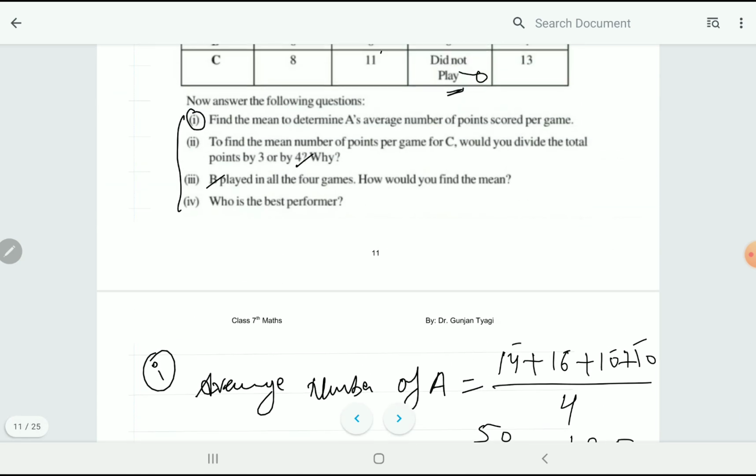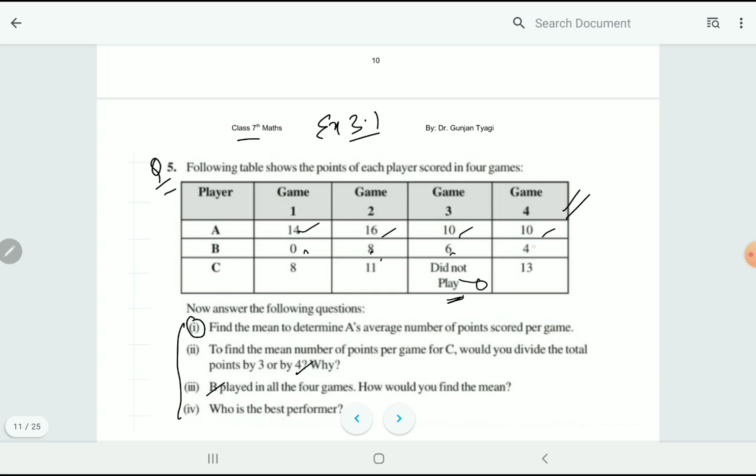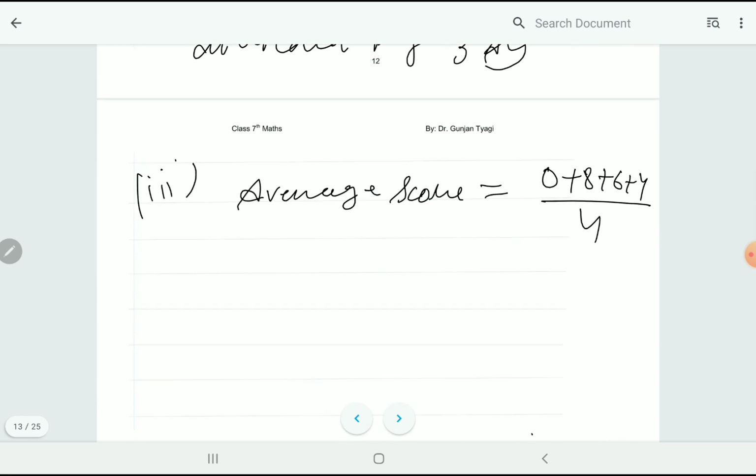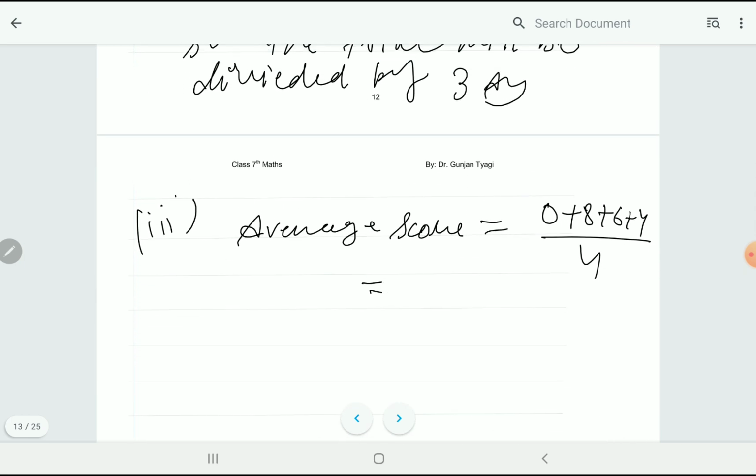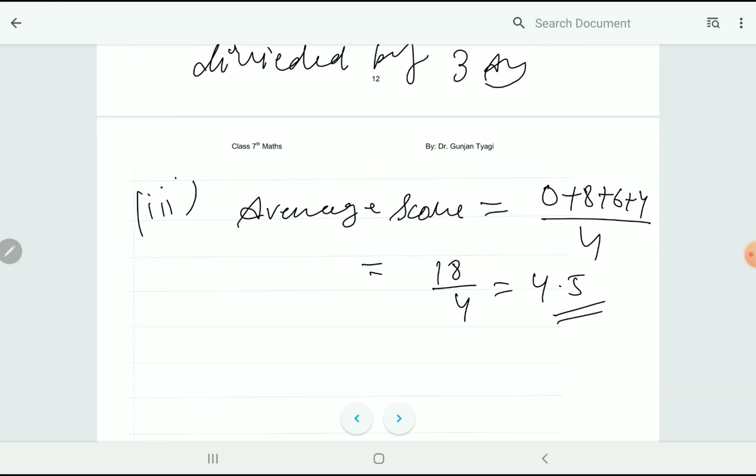This time we will divide the sum of 0, 8, 6, 4 by 4, because he played all 4 games. So the total is 18 by 4, which is 4.5. This is the answer for the third part.